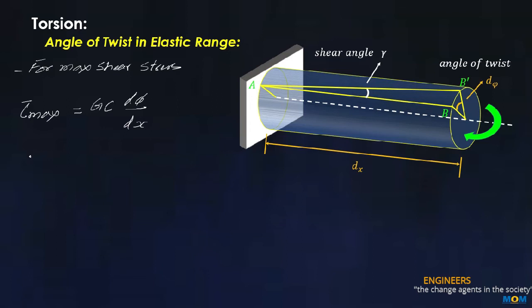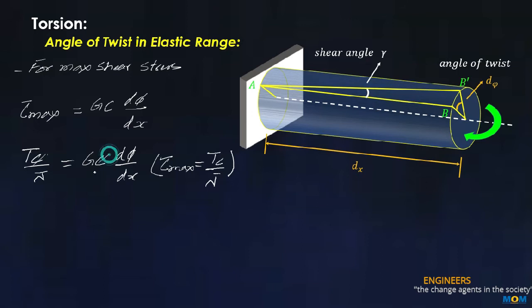So we can write Tc upon J is equal to Gc d phi upon dx, because tau max is equal to Tc, the radius, upon J. Now after cancelling these terms, we can write the expression as G d phi is equal to T upon J dx.